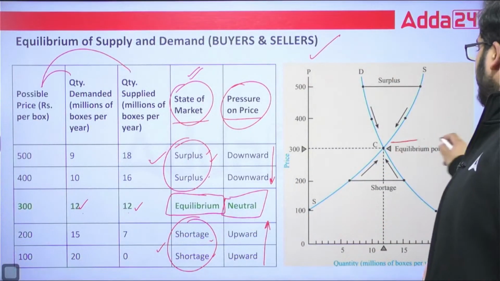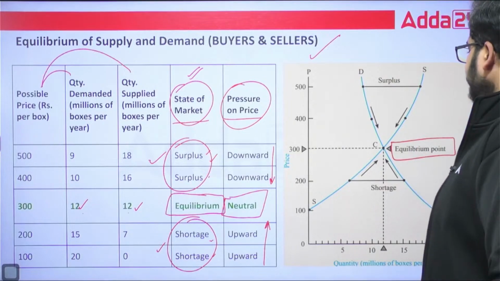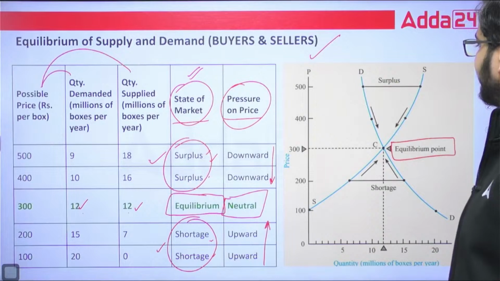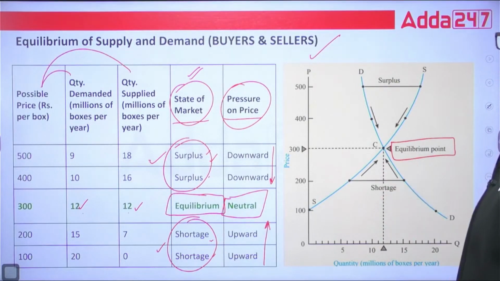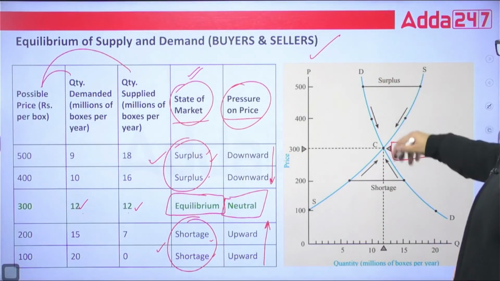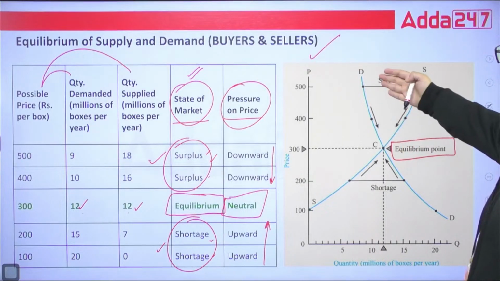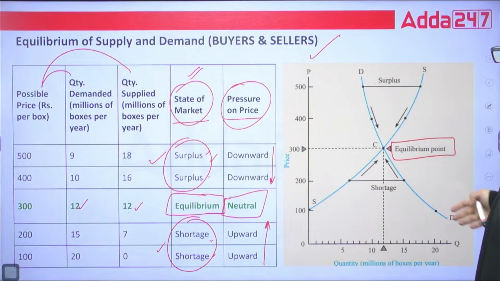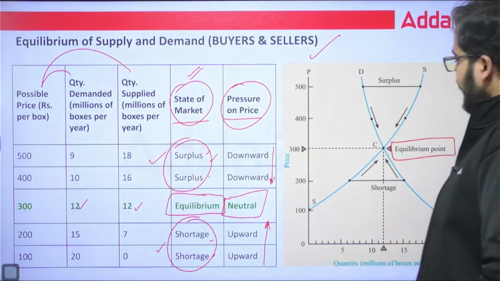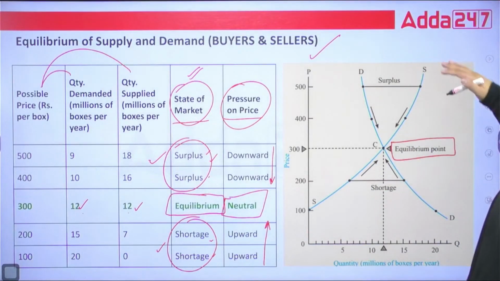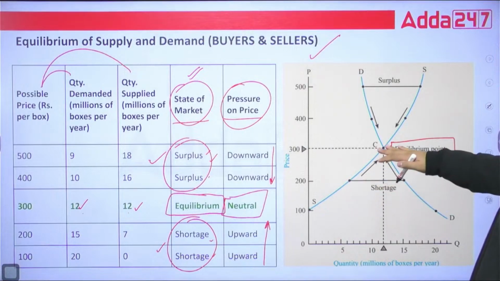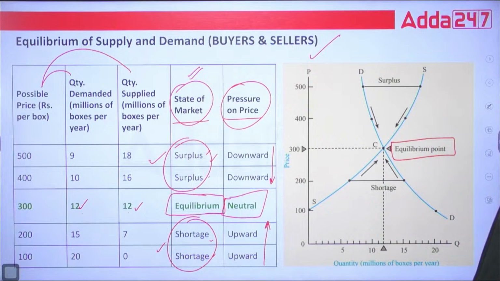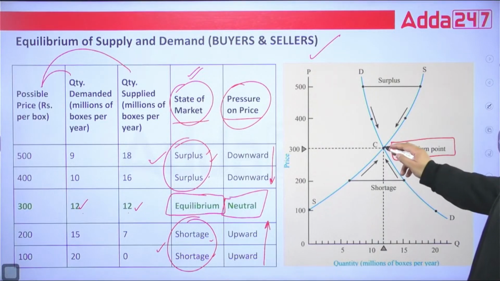Now one equilibrium point has been achieved. If you see this graphical representation, you will notice that when the demand is on the lower end and the supply is moving up, then we will have one point.